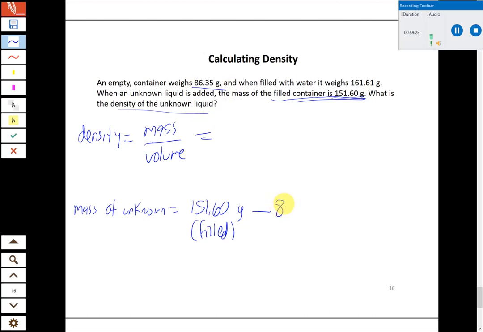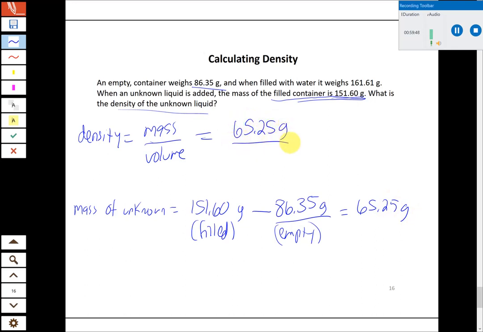The difference gives you the mass of just the liquid itself, and when we subtract those two, we get 65.25 grams. That's the mass of unknown liquid in this hypothetical experiment.